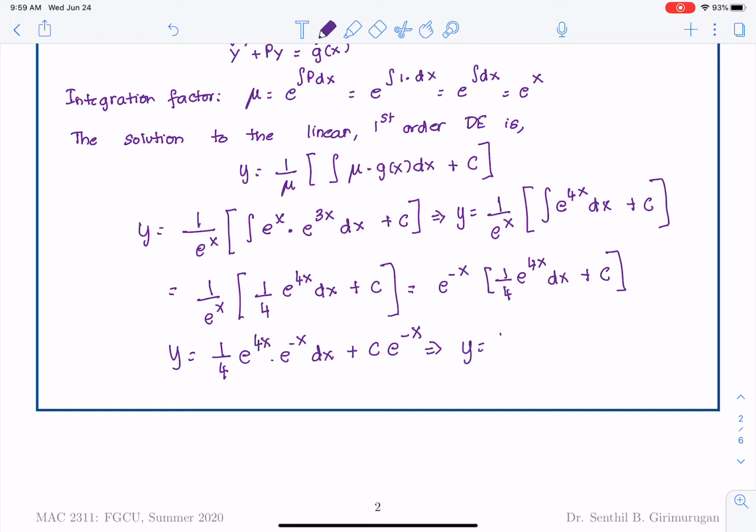So again, using the properties of exponents, the bases are identical, add the powers. 4x minus x is 3x. And plus c times e raised minus x. And that would be the solution.